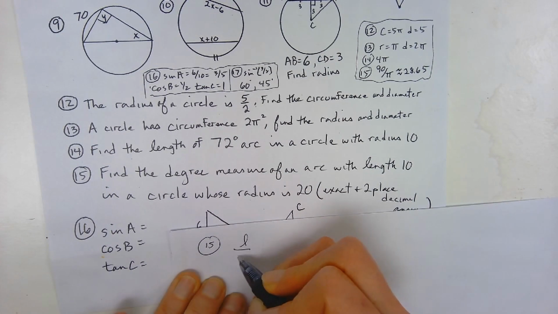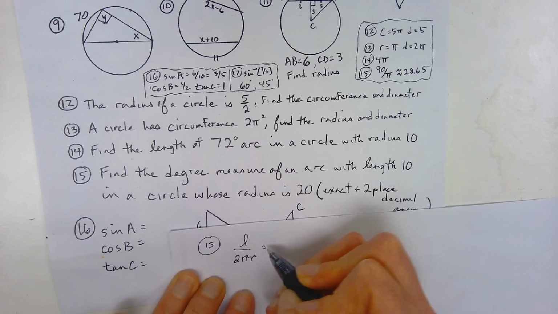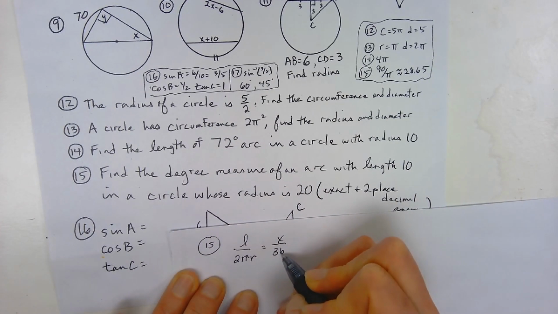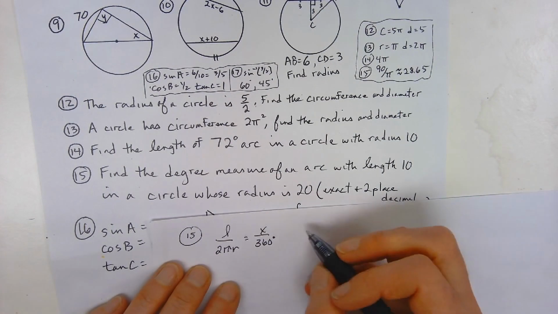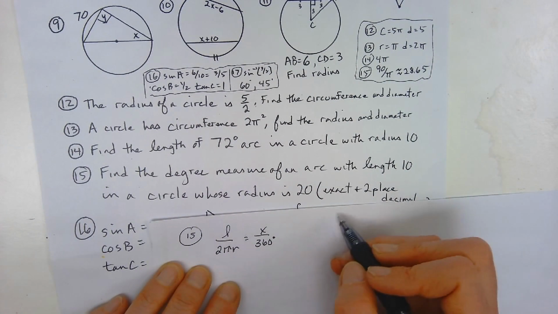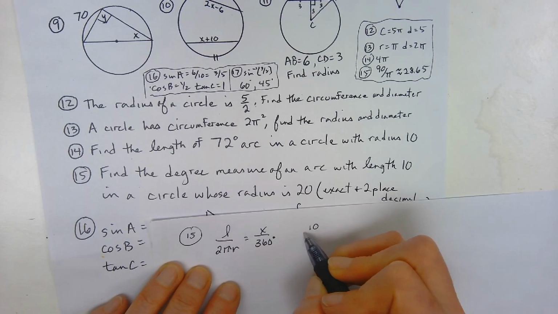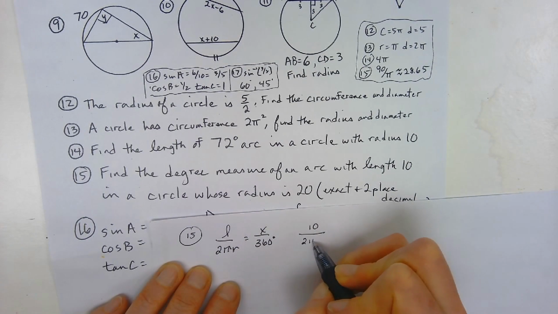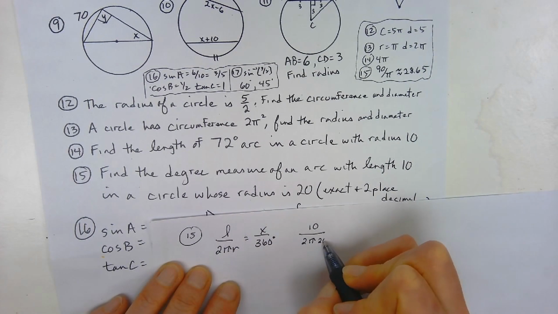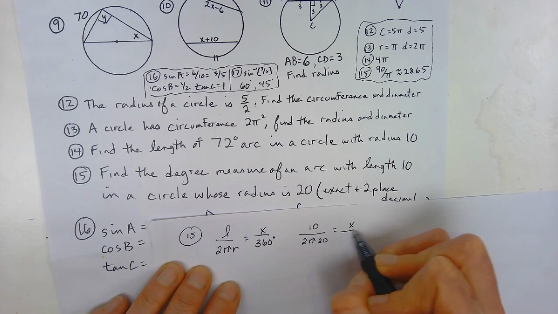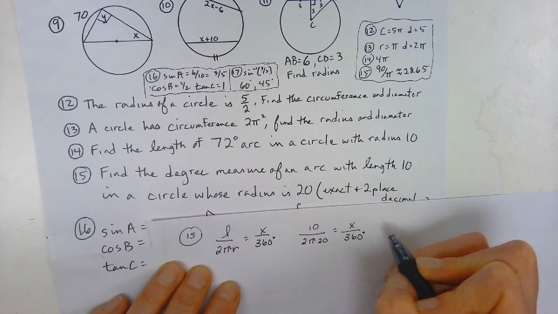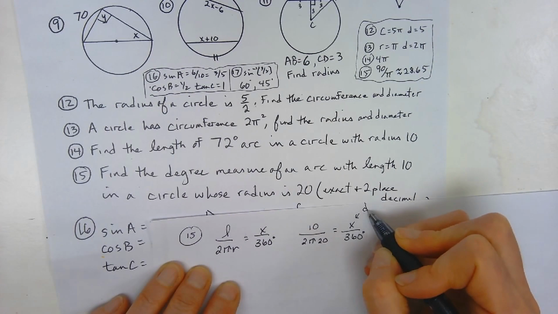So L over 2 times pi times r equals x over 360. I am told that L is 10 and that the radius is 20. And I'm trying to find x over 360, or sometimes it's referred to as d for degrees maybe.